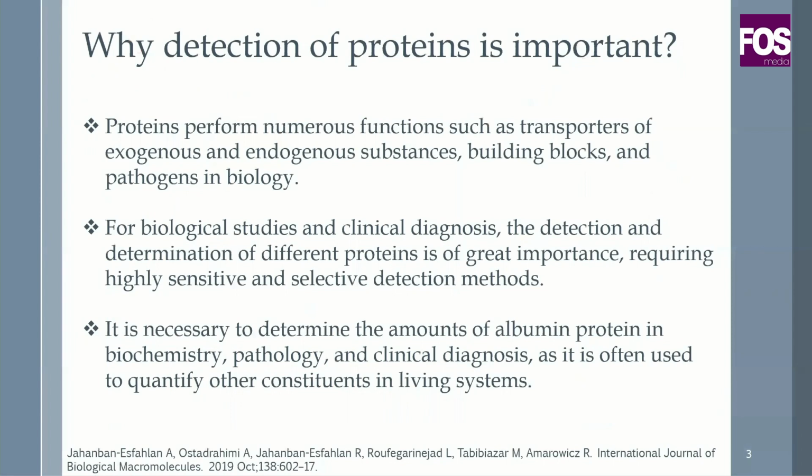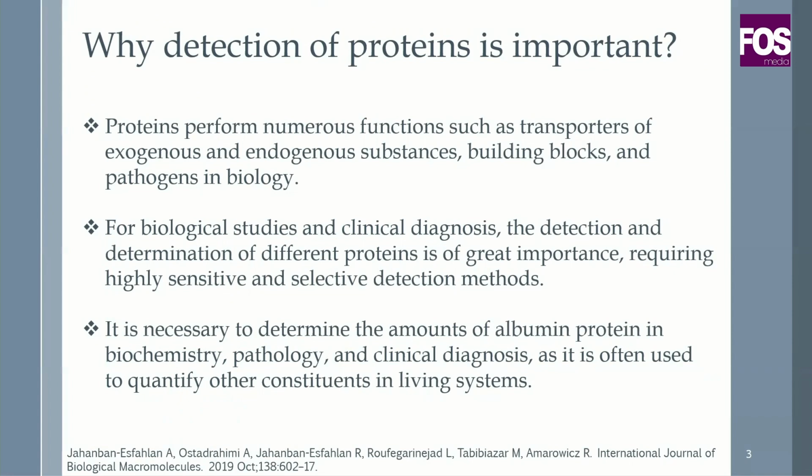Why is detection of proteins important? Well, do you know there are 100,000 different proteins in our body and they perform different functions, such as transporters of exogenous and endogenous substances, transporters of ions, act as building blocks, and sometimes as pathogens in biology.